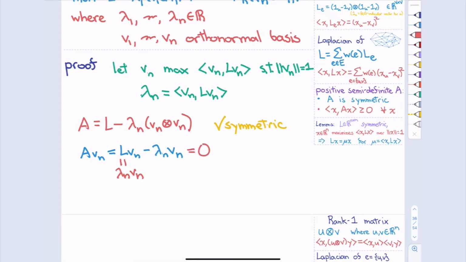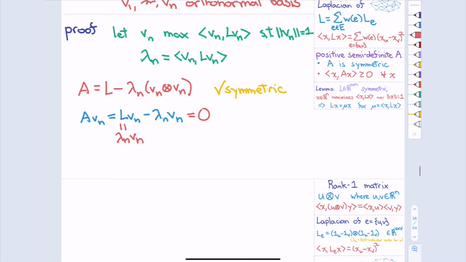Now let me define a subspace Y to be the set of vectors orthogonal to Vn. Probably implicitly in your mind, when you said let's subtract out Vn and recurse on the rest, you were also thinking let's work in the space orthogonal to Vn.